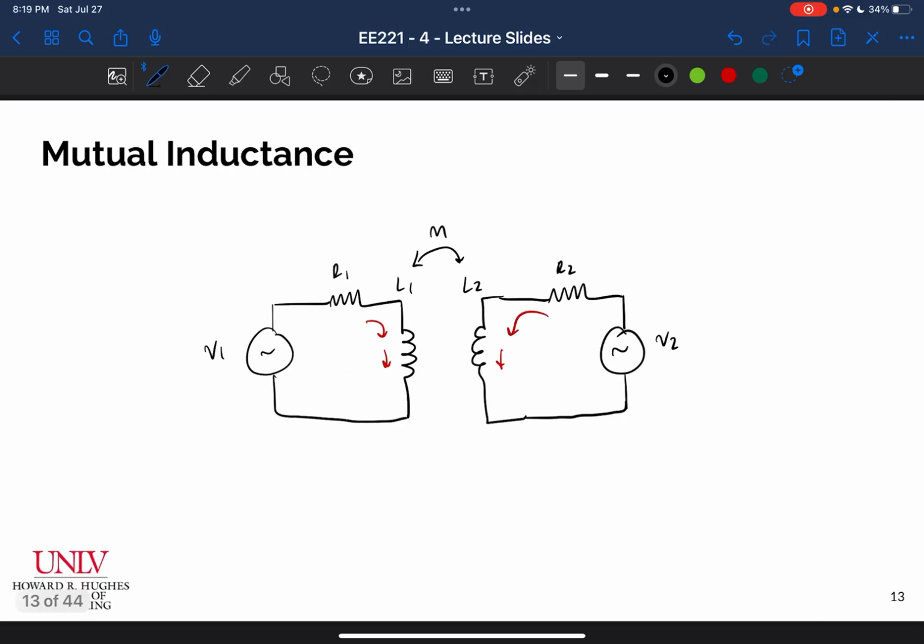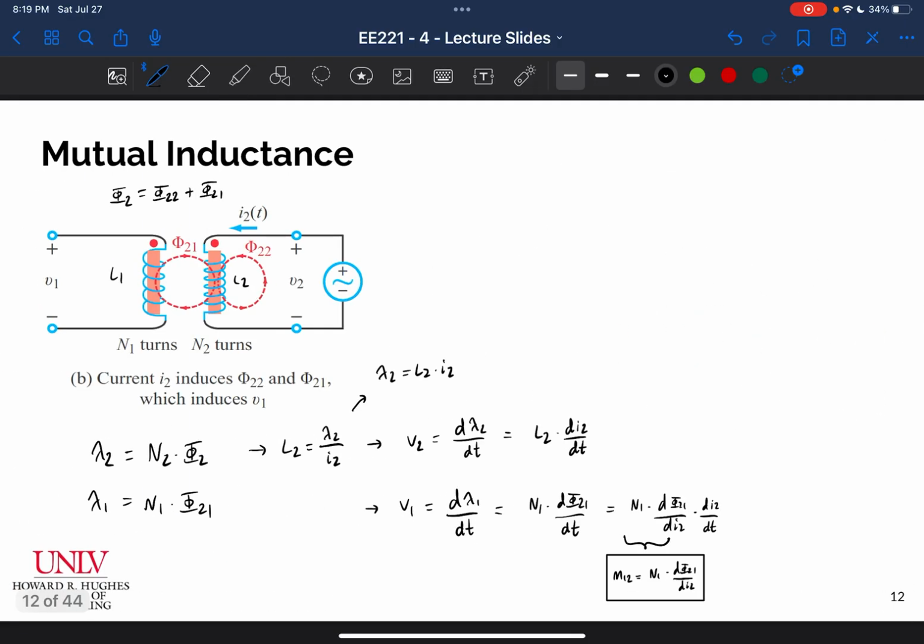That's because for linear circuits, which is what we're dealing with in this class, M12 and M21 are equal to each other, and so we just call that inductance M, the mutual inductance of the two coils.